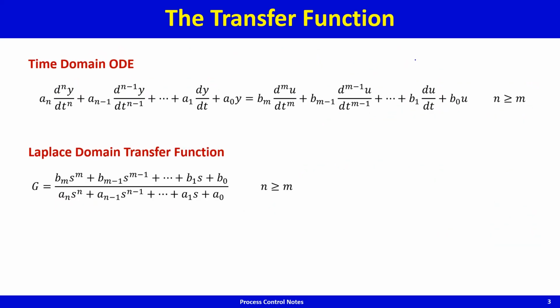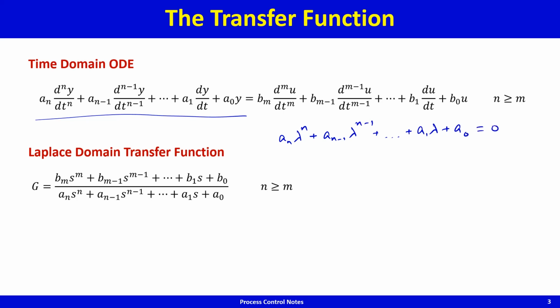Now notice, if I was working in the time domain and I were to write the characteristic equation, the characteristic equation would be an lambda to the power n plus an minus 1 lambda to the power n minus 1 plus ... plus a1 lambda plus a naught equal to 0.